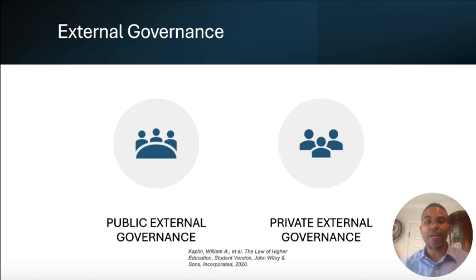And in the case of private external governance, you're looking at other non-governmental organizations, like accrediting bodies. Maybe it's the American Association of University Professors. There can be others that provide some level of governance over those institutions.